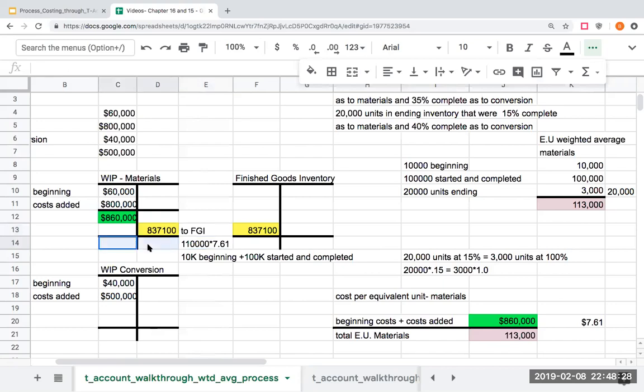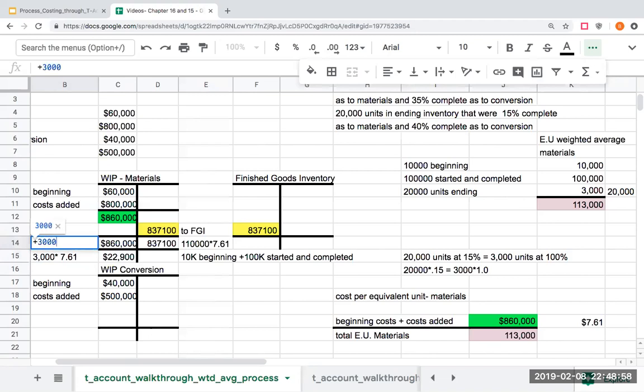So what I'm doing now is I'm going to say to myself, okay, what is now in my ending inventory account here for work in process materials? Well, this is 22,900. What this balance should be pretty close to is, if I take my 3,000 equivalent units in materials, this should be close to 3,000 times 7.61.